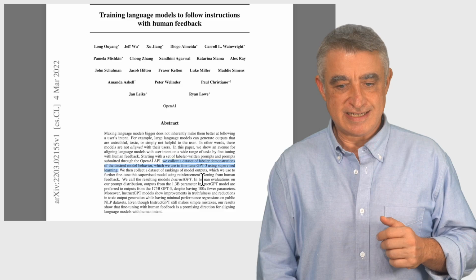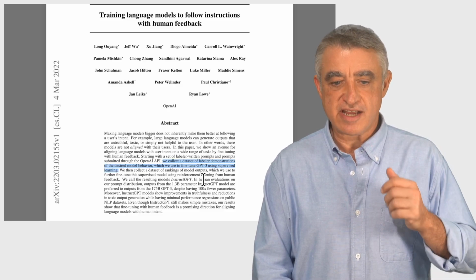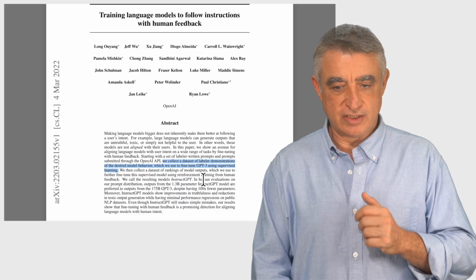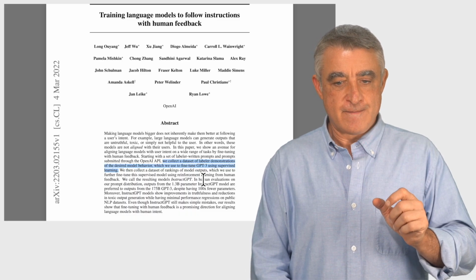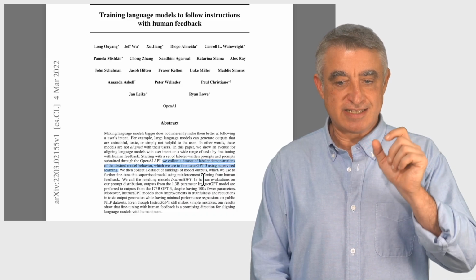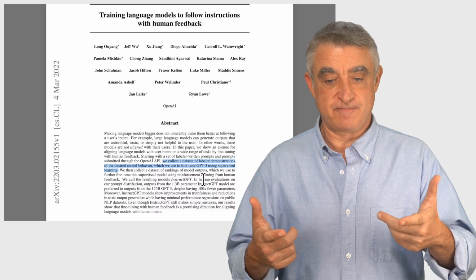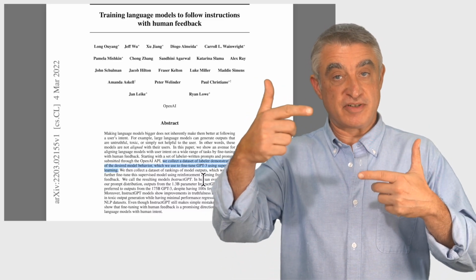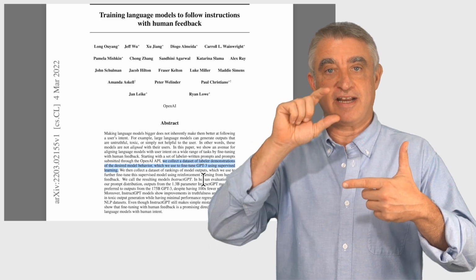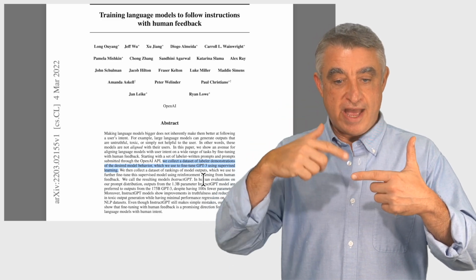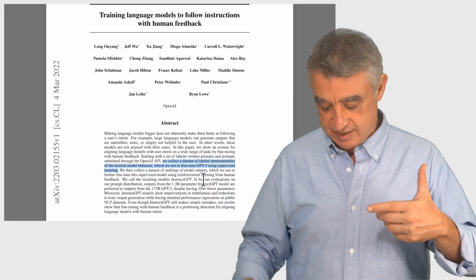We collect a data set of labeler demonstrations of the desired model behavior, which we use to fine-tune GPT-3 using supervised learning. So the data set of labeler demonstrations, a labeler is actually a person. And the demonstrations are demonstrations of chat. In other words, a question and an answer, and a very large data set of those questions and answers.